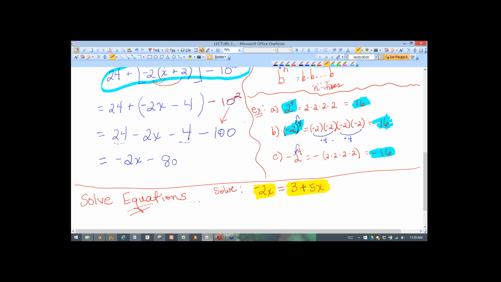In other words, what value of x makes something equal to itself, makes a true statement? We would then start to isolate x using our properties of equality. In a nutshell, what the properties of equality are saying is just this: keep the scale balanced. You want to think of your equal sign that way.